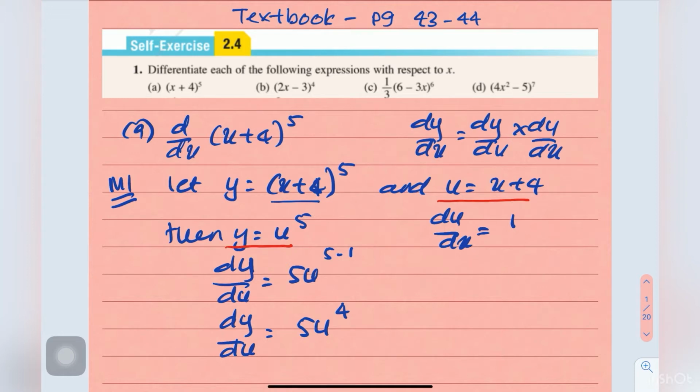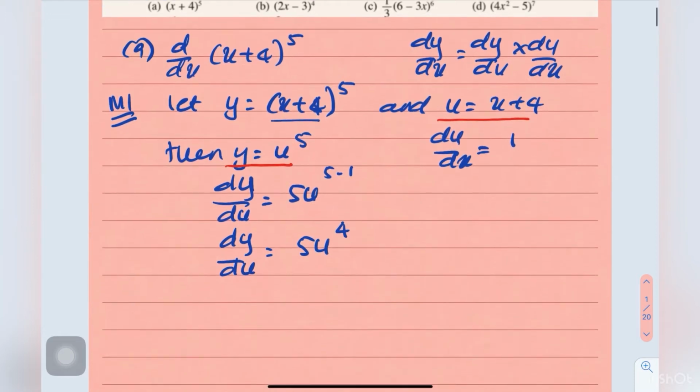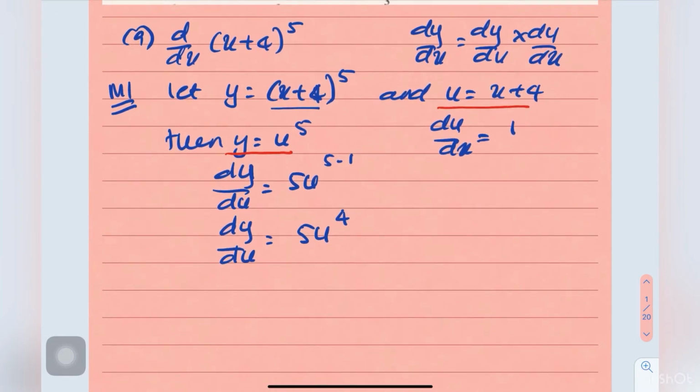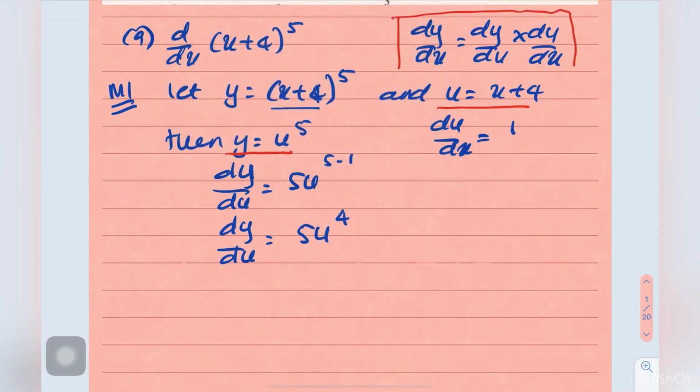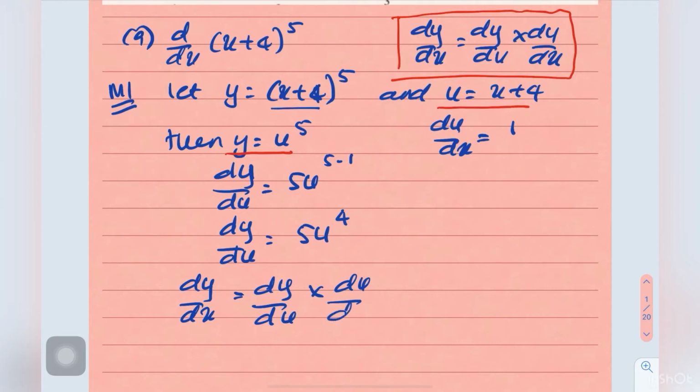Now by using this formula, dy/dx equals dy/du times du/dx.